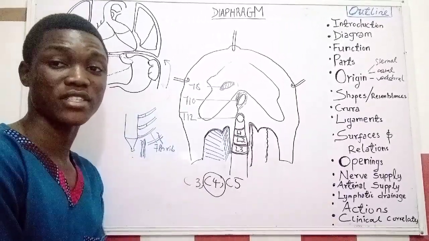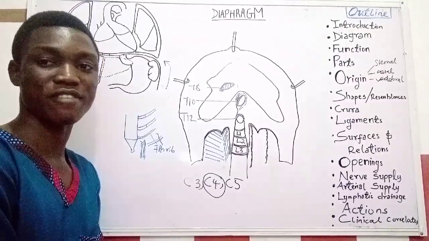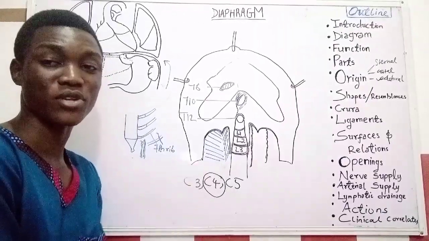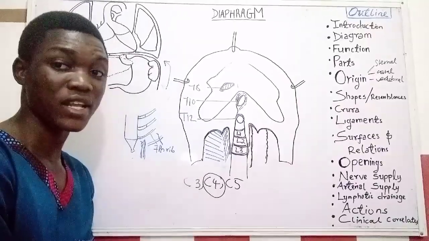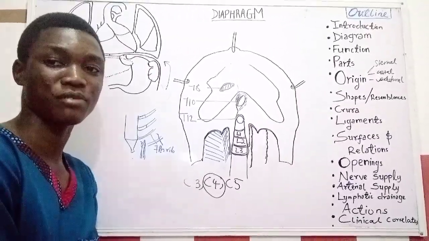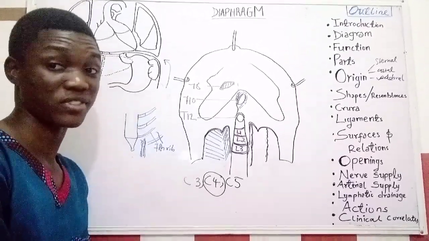So the lymphatic drainage, I mentioned them before, includes the anterior diaphragmatic lymph nodes, which are located posterior to the xiphoid process on the anterior aspect of the diaphragm. We have the posterior diaphragmatic lymph nodes draining, of course, the posterior aspect of the diaphragm.